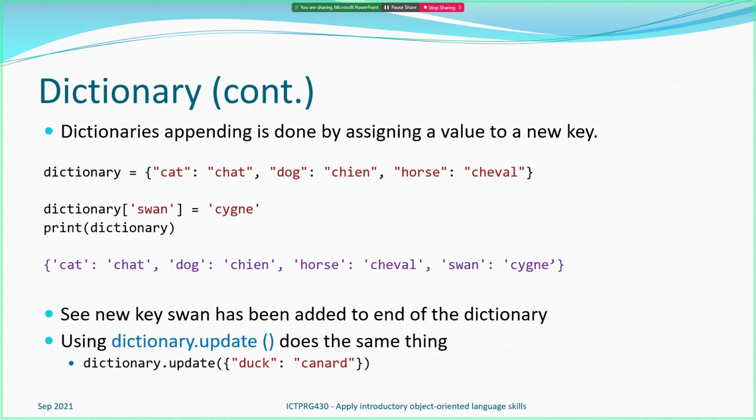Appending allows us to add to the end. So this will be the default if the key doesn't already exist in the dictionary. It appends it to the end and increases the size of the dictionary.